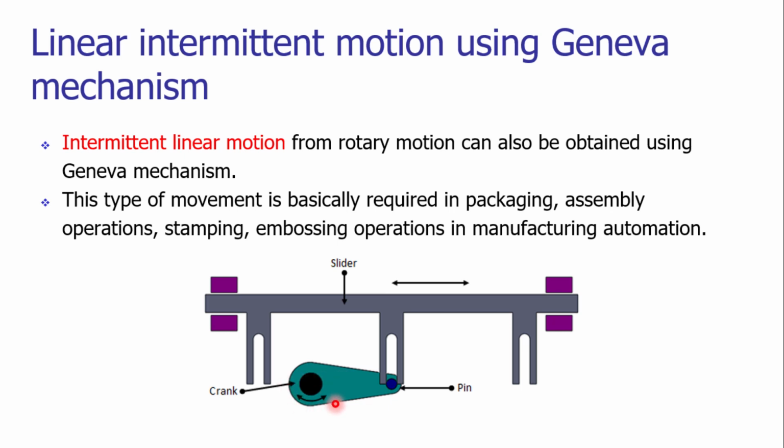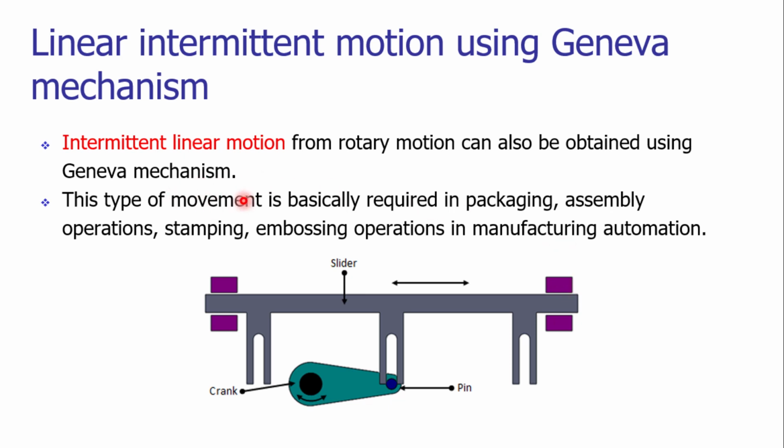We give continuous rotary motion to the crank, and as the crank rotates, the pin gets engaged to the slot and drives the slider. Of course, the slider has to be supported and we should avoid its movement along the vertical direction, so proper support has to be provided.